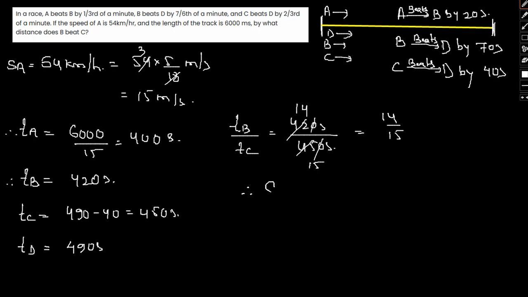So therefore, speed of B by speed of C, since distance is constant, the ratio would be 15 by 14. So the speed ratio will be equal to the distance ratio.